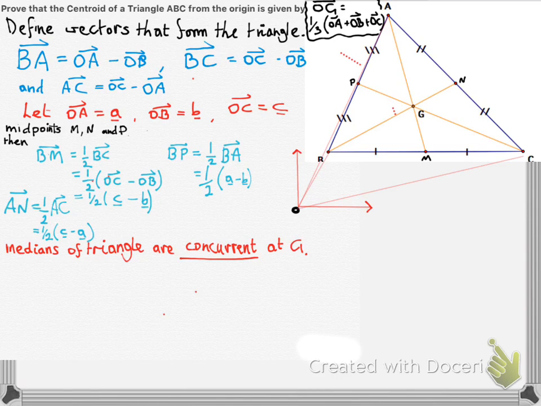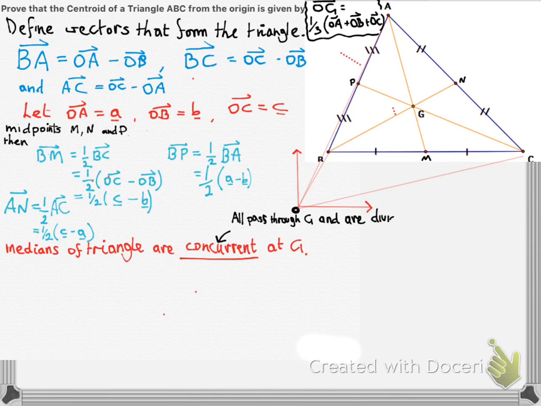Okay, and to prove the centroid is given by this expression here. Everyone see that? It is OG is equal to a third of O to A plus O to B plus O to C. So it's just like an arithmetic mean of all three position vectors. Interesting. To prove that, we first have to prove this about the medians of the triangle.